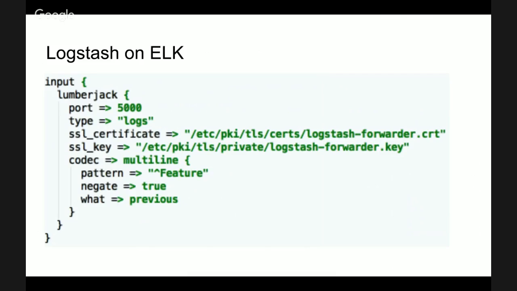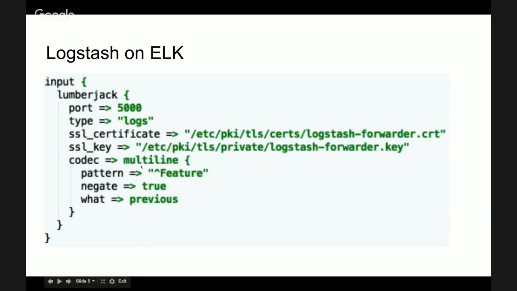For input, we were using Lumberjack. This is the part of Logstash that was accepting all the logs from the Logstash forwarder, and it is the part that ensures the SSL certificate. A custom thing was the codec. By default, Logstash accepts each line of the file as a separate log message. But we wanted to have the whole Behat output as a single message.